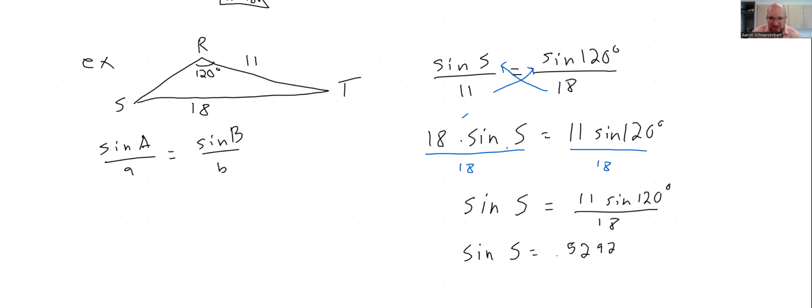Now, to get the actual angle, I'm going to use the inverse sine, and that's second sine on your calculator. And I get angle S. The measure of angle S here is equal to 31.95. It told me to round to the nearest tenth. I'm going to round that up to 32.0 degrees.